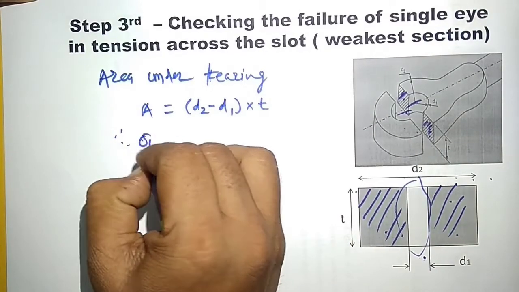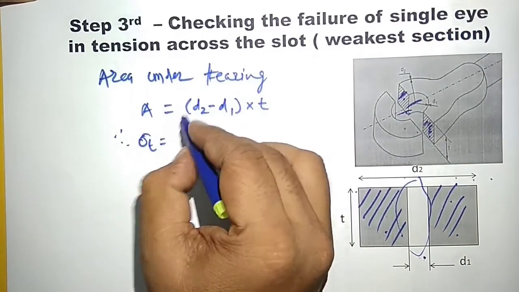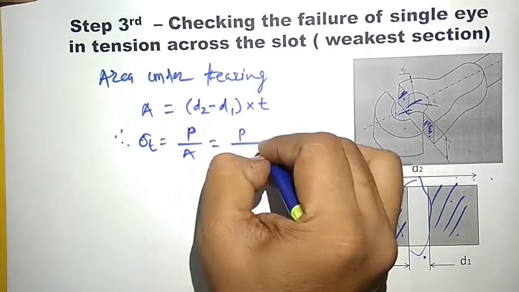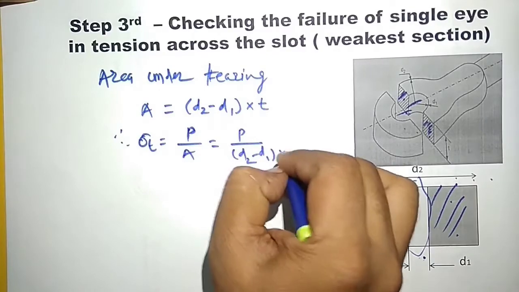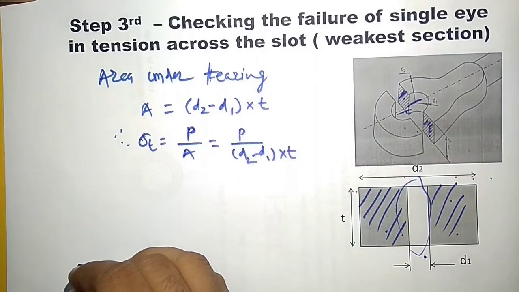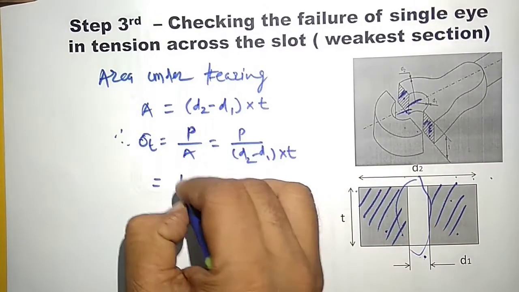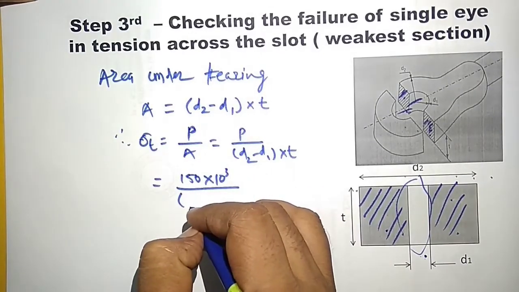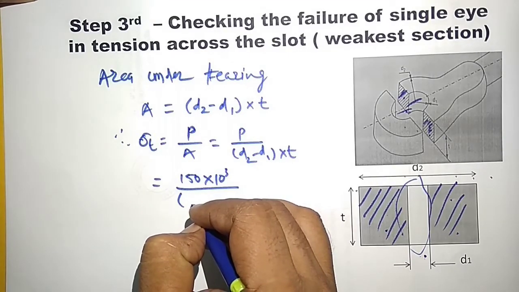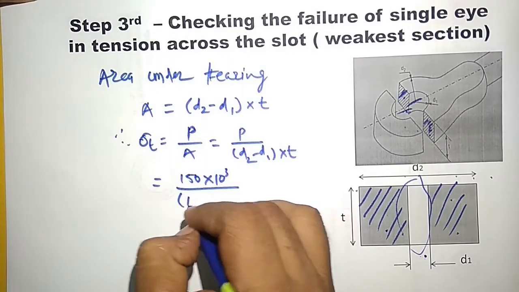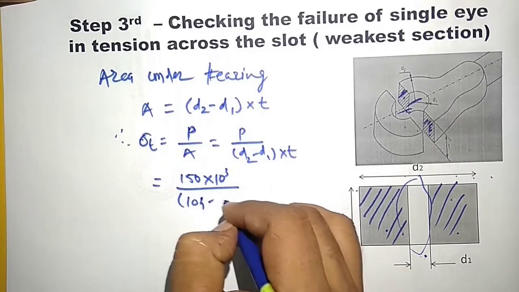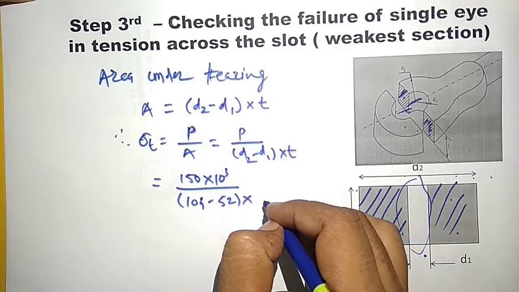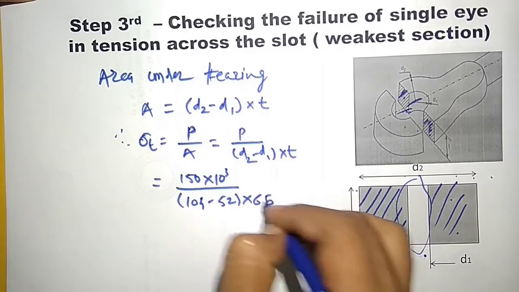Hence sigma t is equal to P upon area. So P upon (d2 minus d1) into t. Put the values in the above equation. P is 150 into 10 raised to power 3, divided by d2, which is 104, minus 52, into thickness, which is 65.